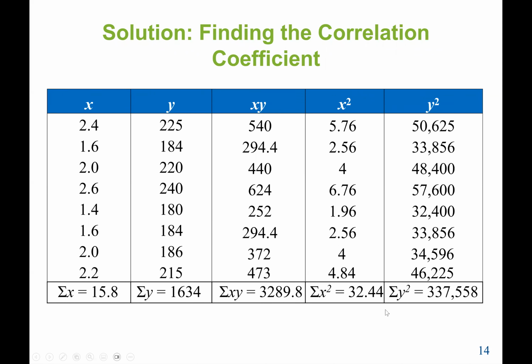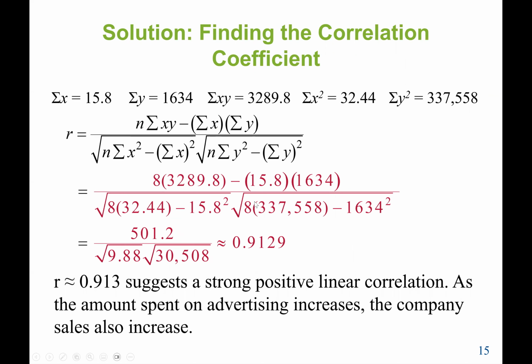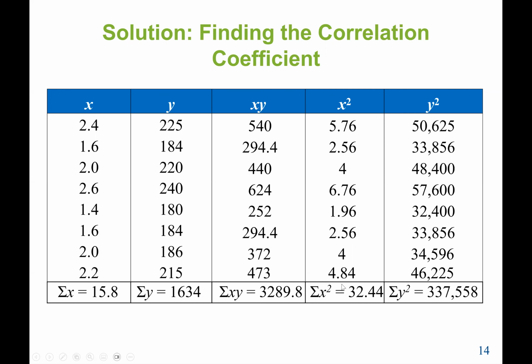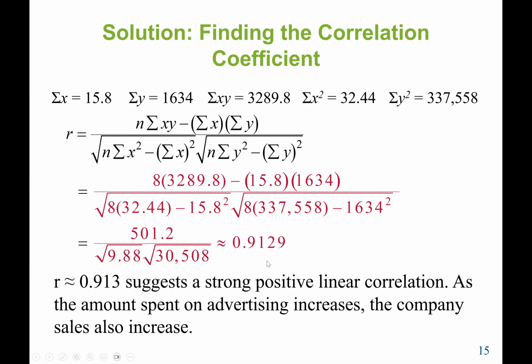Now we have all the values we need to plug into our formula. So we plug in the values. The sample size is 8 because we can see this is 1, 2, 3, 4, 5, 6, 7, 8 events, or 8 years. So we plug in the values and our R value is 0.9129.